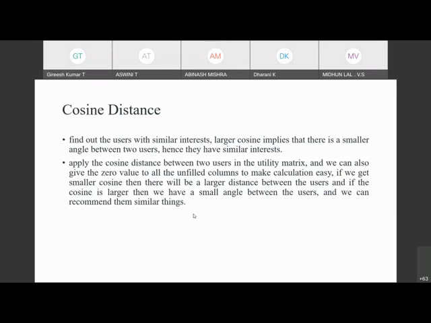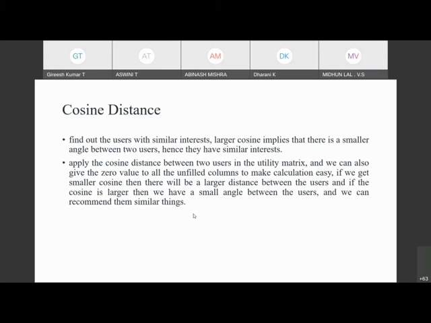Here, one simple measure you are familiar with is called cosine distance, or cosine similarity. Find the users with a similar interest. A large cosine implies a smaller angle between two users, hence they have a similar interest. Apply the cosine distance between two users in the utility matrix, and we can give the value zero to all unfilled columns to make the calculation easy.